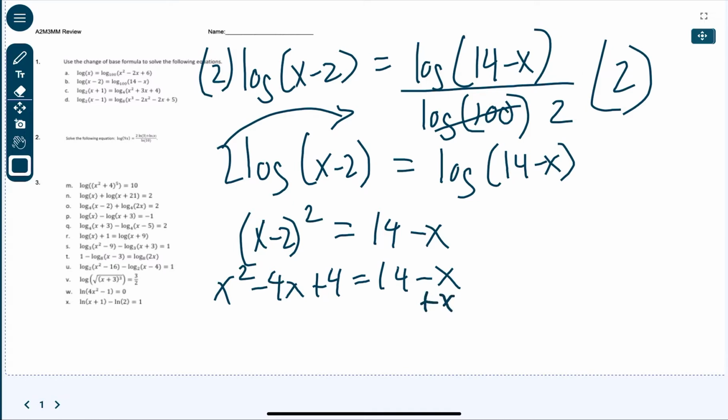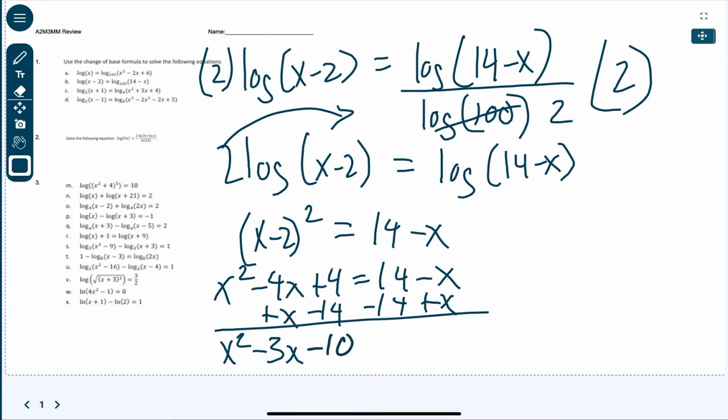So let's add x and subtract 14. And we should get, let me erase that, that looks like an equal sign for some reason. Now we would have x squared minus 3x minus 10.